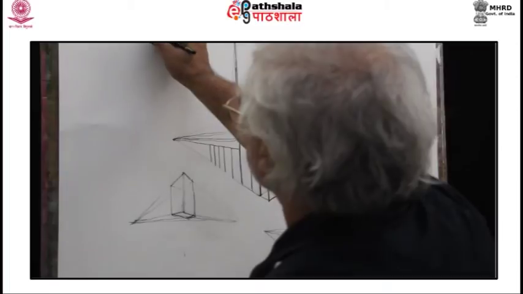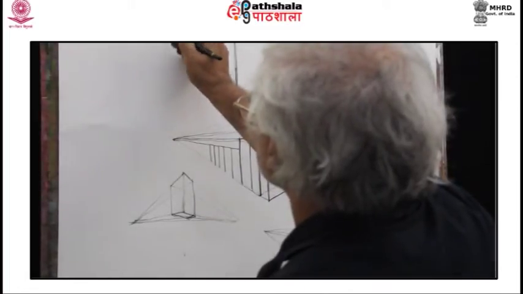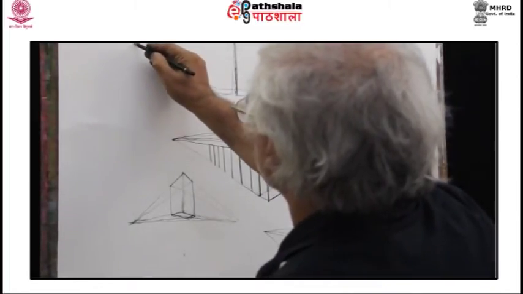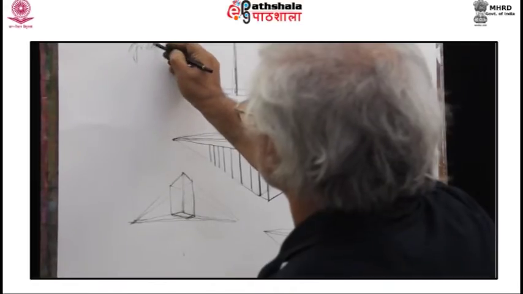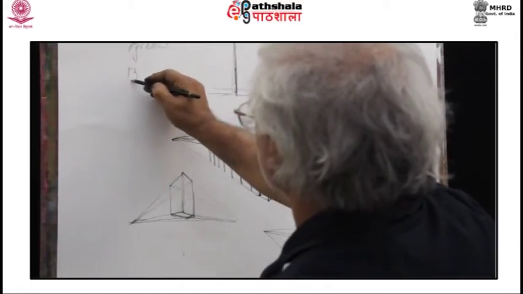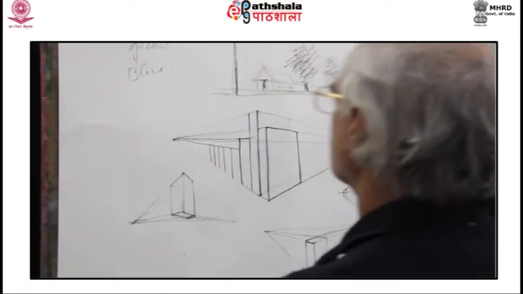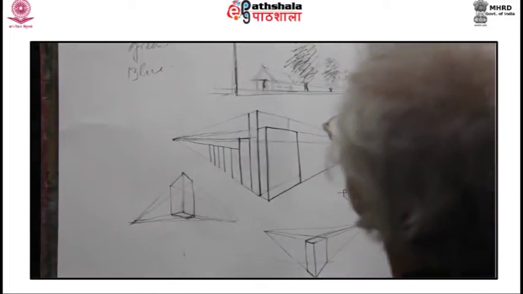Perspective can also be made in colors. There are three main colors which help in creating perspective: red, green and blue. Blue always plays the role of a distant color, the background.